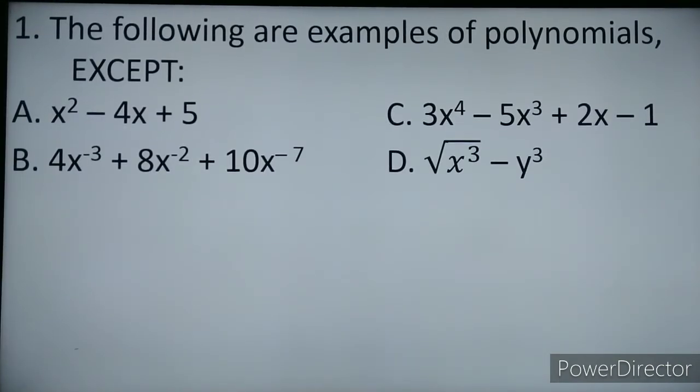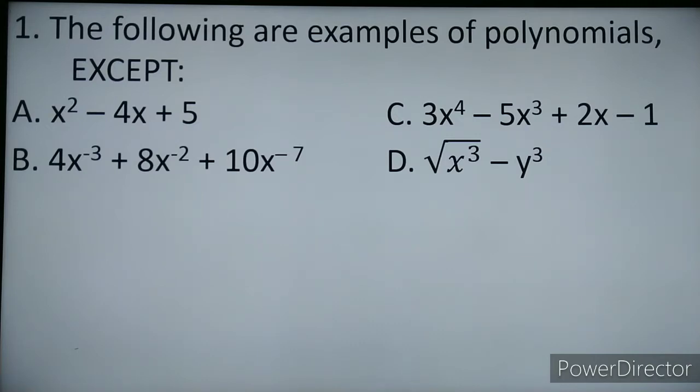Question number 1. The following are examples of polynomials except. Letter A: x squared minus 4x plus 5. Letter B: 4x raised to negative 3 plus 8x raised to negative 2 plus 10x raised to negative 7.